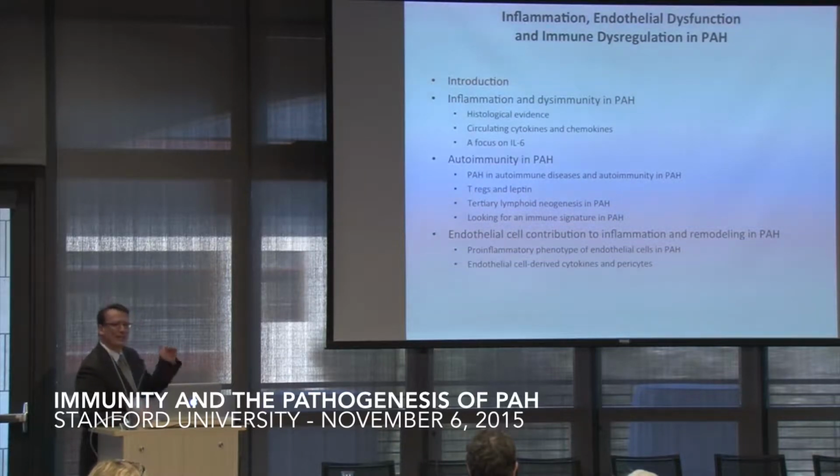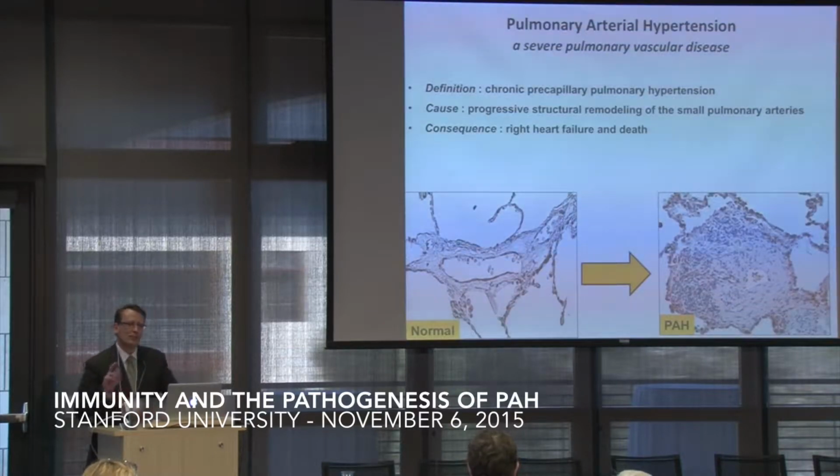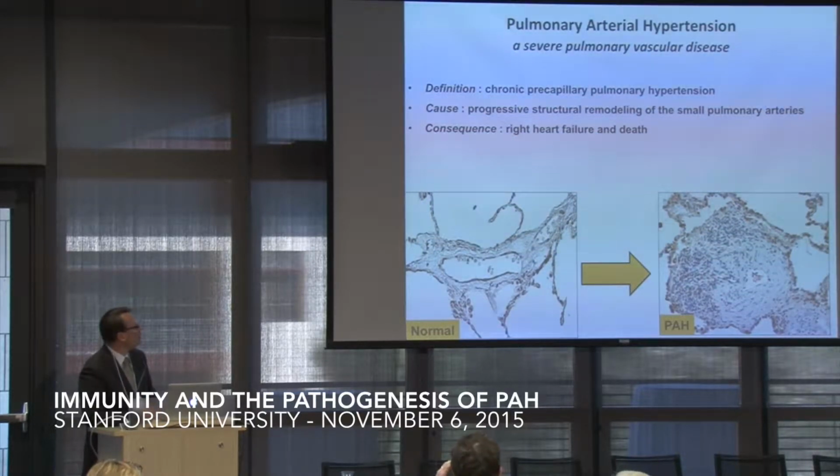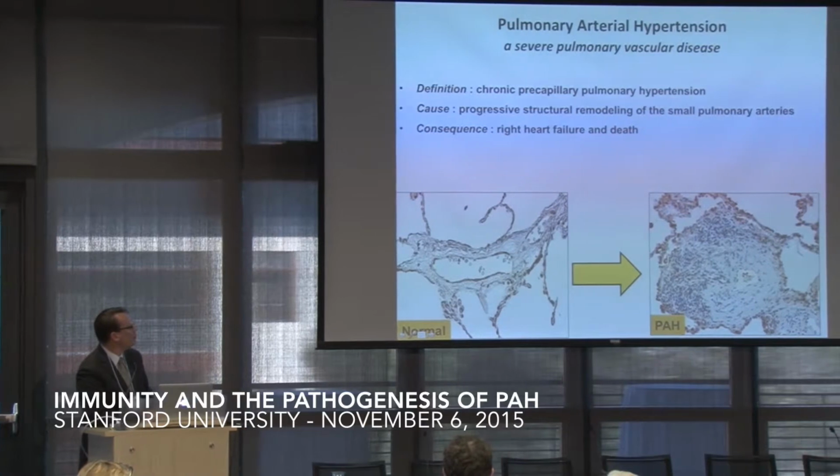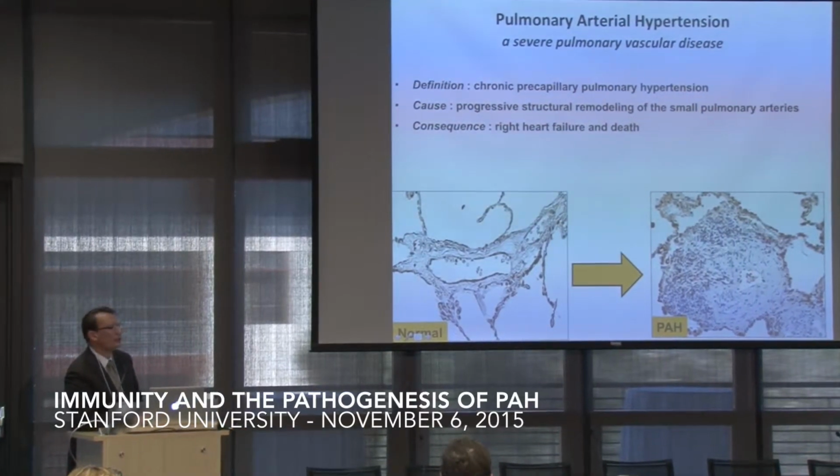Okay, this is my plan today, and the brief introduction will repeat some of Christina's points, and Christina has made it very nicely that pulmonary arterial hypertension is a subgroup of pulmonary hypertension. It's called group 1 pulmonary hypertension, and it's defined by chronic elevations in mean pulmonary artery pressure, and we know for sure that the reason why the pressure is chronically elevated is because there is a major remodeling of the small pulmonary arteries.